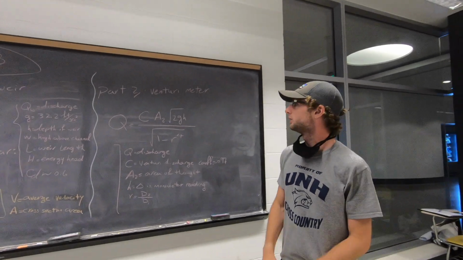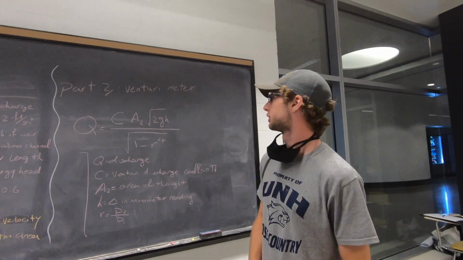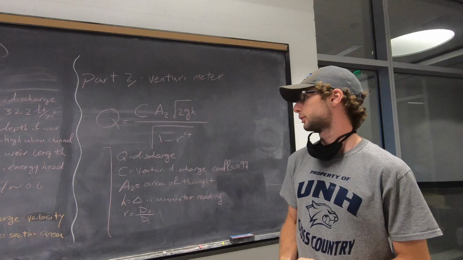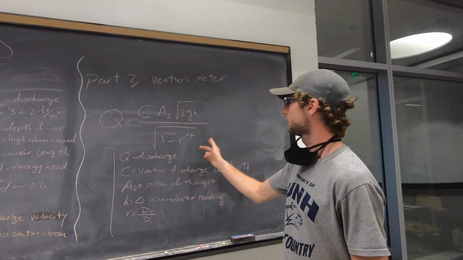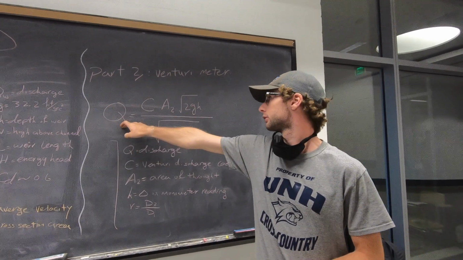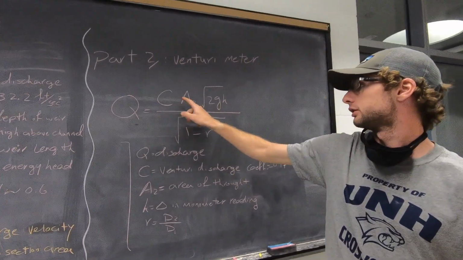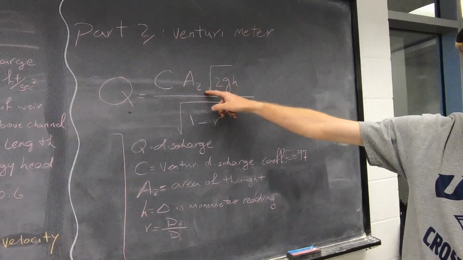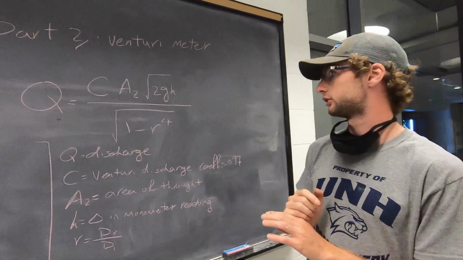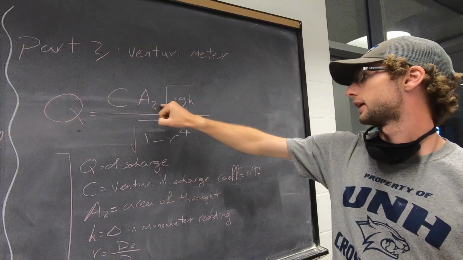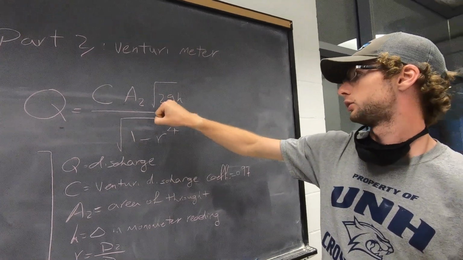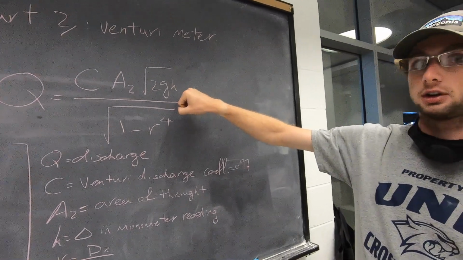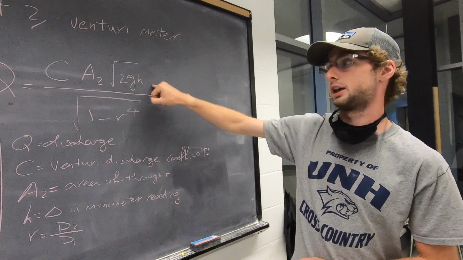We're going to move into part 2 of lab 3 now, which is going to be using a Venturi meter. The equation we're going to be using for the most part is our Venturi equation. The flow through the Venturi is equal to the Venturi coefficient multiplied by the area of the throat of the Venturi, which is the narrow part at the center, multiplied by the square root of 2 times the acceleration due to gravity times the deflection in the Venturi manometers, which we'll get into when I get over to the apparatus.